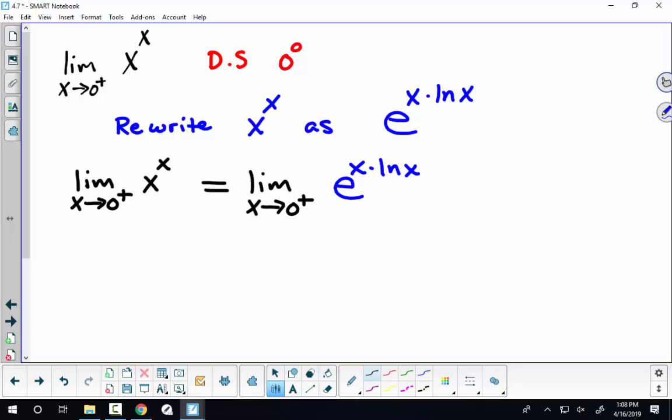Is everybody okay with that step? Any questions? Again, the limit as x goes to 0 doesn't affect the e, it only affects the power.